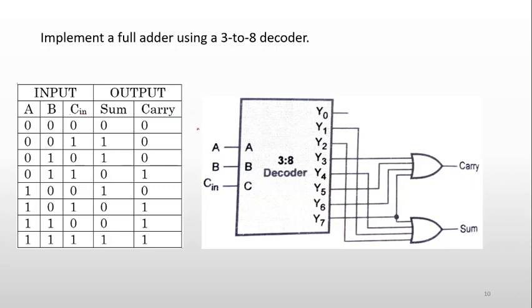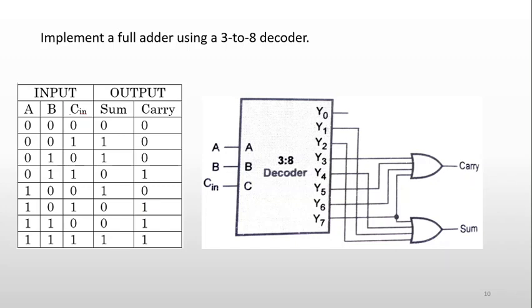When A is 0, B is 1, Cin is 0, sum is 1, carry is 0. When A is 0, B and C are 1, that is 1 plus 1 in binary, sum is 0, carry is 1. Similarly, when A is 1 and B and C are 0, sum is 1 and carry is 0.